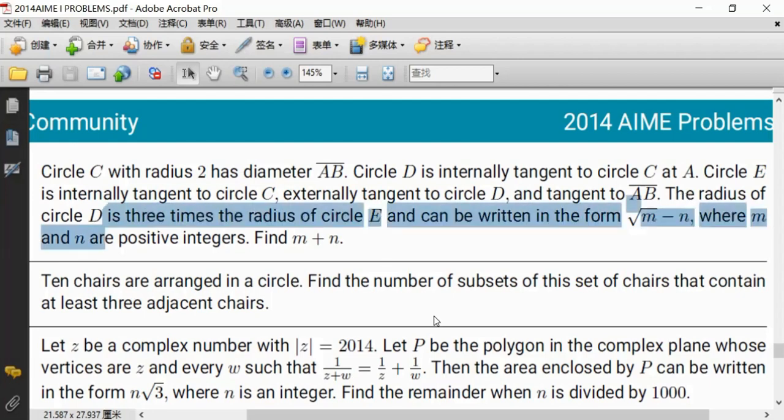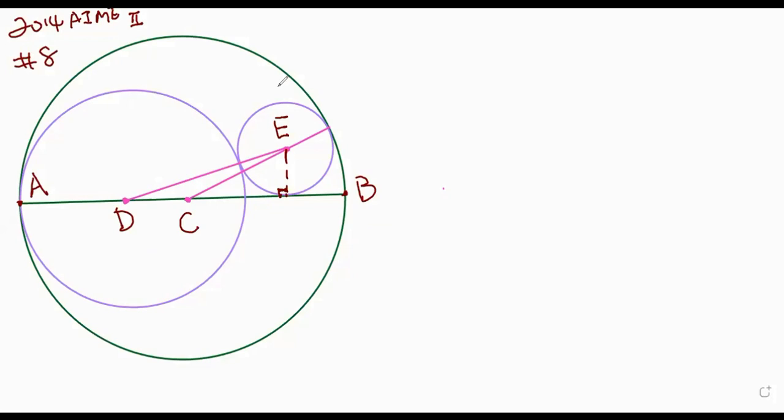Okay, let's go back to the problem. So I draw the diagram here. This is circle C, the largest one.